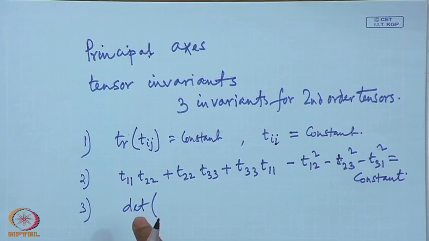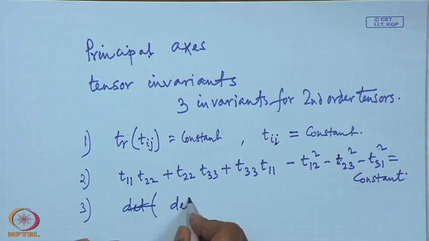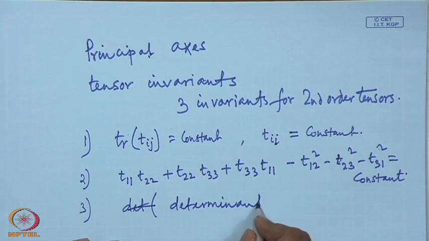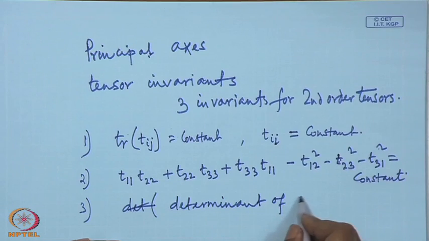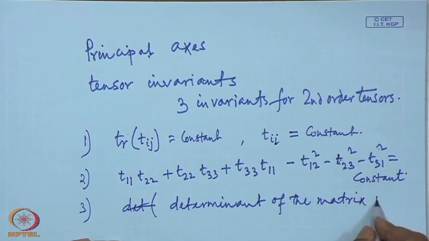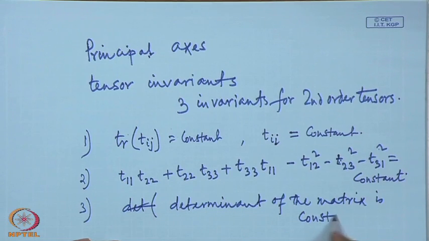We have already used T for force, so let us simply call it the determinant, because we are not going to use it. The determinant of the matrix is also constant. This is the third invariant. So if you have any tensor, these are the three invariants of the tensor.